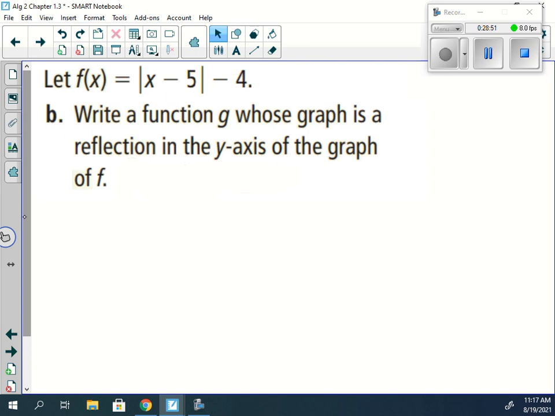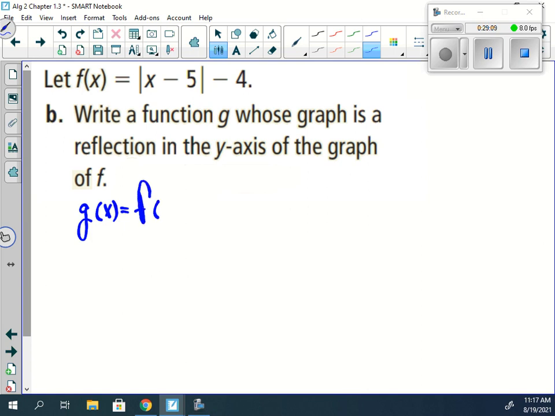Write a function g whose graph is a reflection in the y-axis of the graph of the function f. So which one would we be using this time? Exactly, f of negative x. Which again, just like with the last one, we're going to replace every x with a negative x in the function f of x.